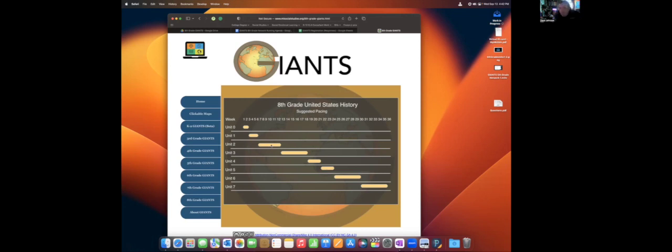Now, I do a lot of new teacher mentoring as part of my role at the ISD as well. And one of the things I like to tell them is the gold standard is to get through all of your standards. The first few times you teach a curriculum, we always like to look at the acceptable variation. It takes 3 to 5 years to get really good at a curriculum. So we will talk throughout this about places where you can shorten or condense units.